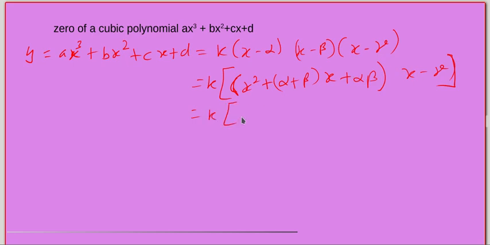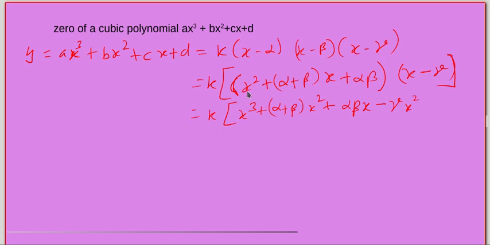So k into x square minus alpha plus beta into x plus alpha beta, and we will multiply fully, first only with the x. So x into x square becomes x cube, plus alpha plus beta into x into x becomes x square, plus alpha beta into x. Next we will multiply by minus gamma. So minus gamma x square.